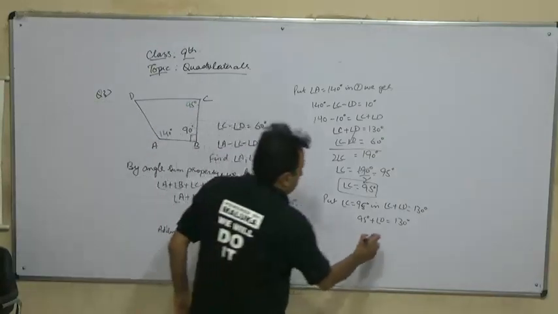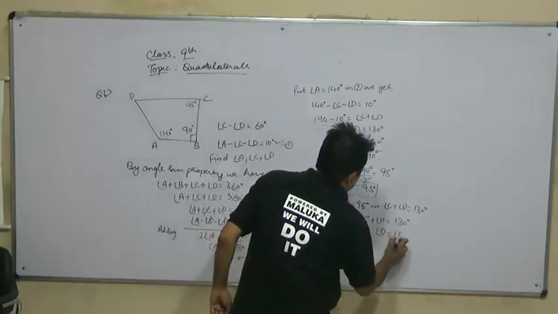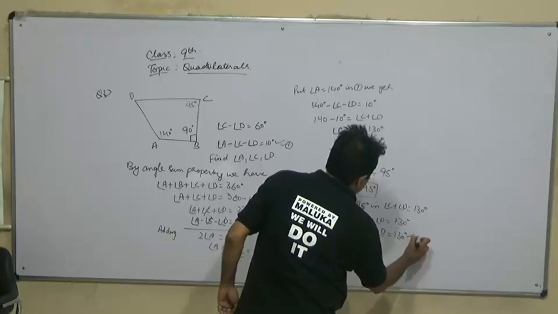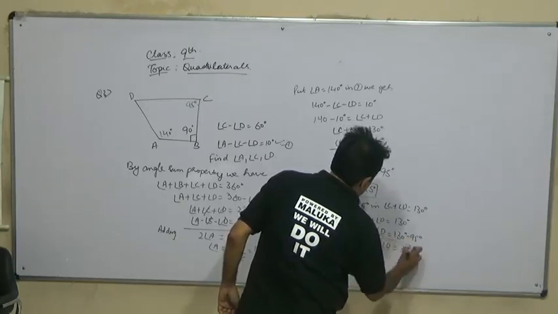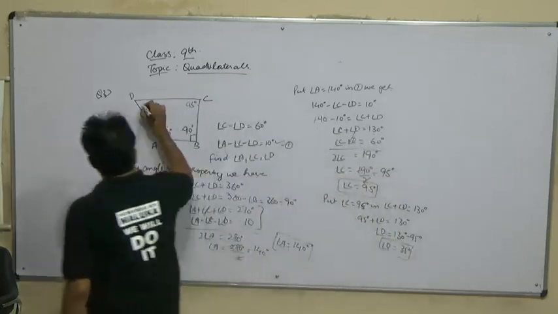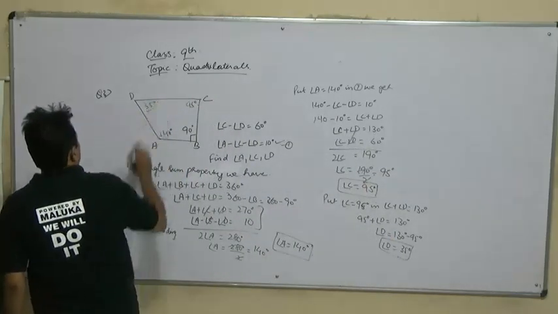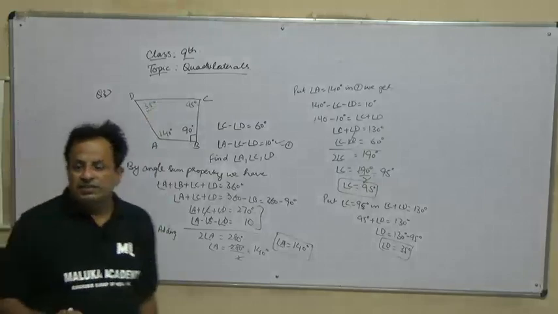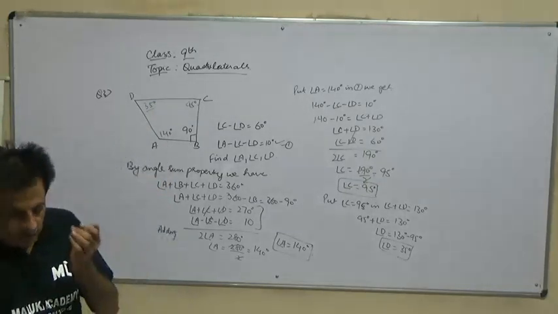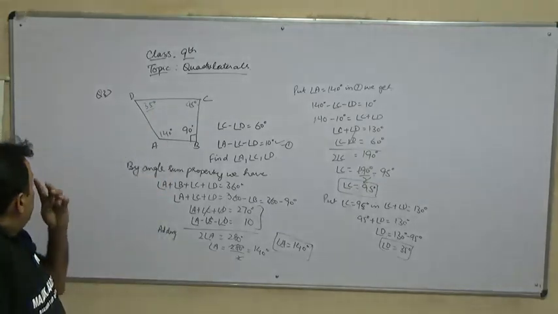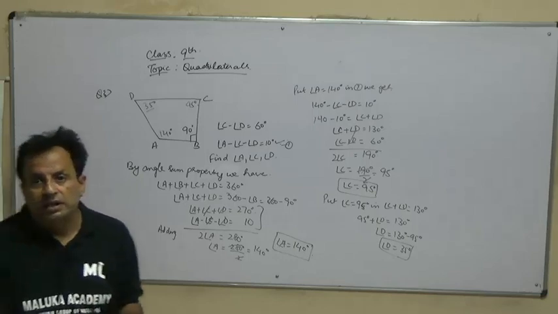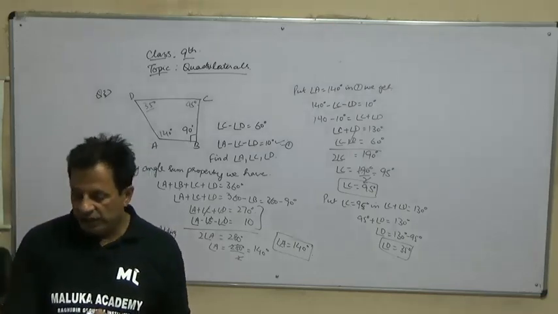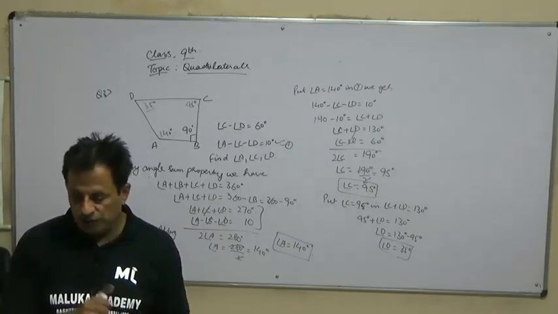Now angle D will be equal to 130 degree minus 95 degree. So angle D is equal to 35 degree. So the sum of all angles will be 360 degree, as we can check from here. So here we have seen that we have found all the angles A, C and D using the various data which we can substitute here for the calculations.